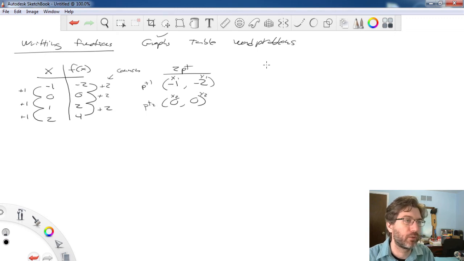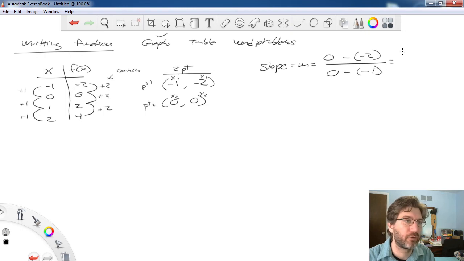And we're going to go ahead and plug into our slope equation to get our slope. Remember, slope is equal to m. In this case, you're going to get y2, which is 0, minus y1, which is -2, all over x2, which is 0, minus x1, which is -1.